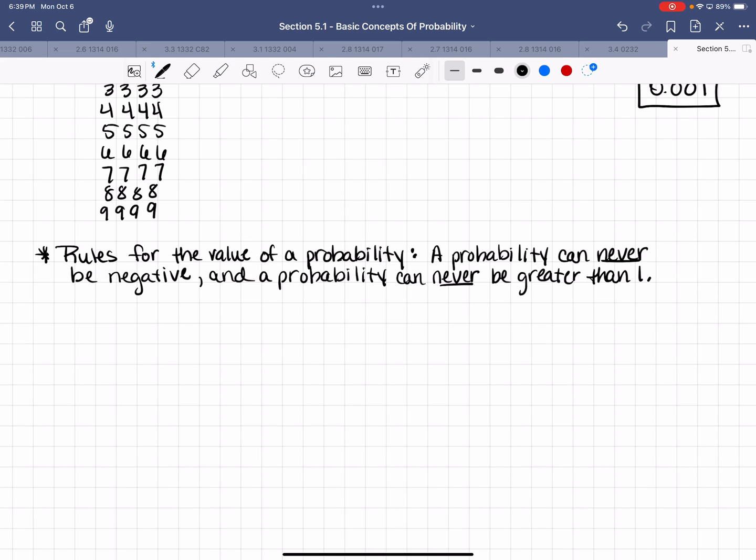Okay? Can never be negative. Can't be less than 0, guys. And it can't be greater than 1.